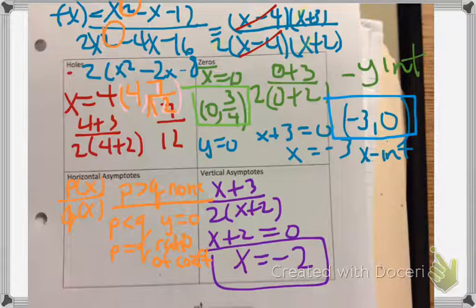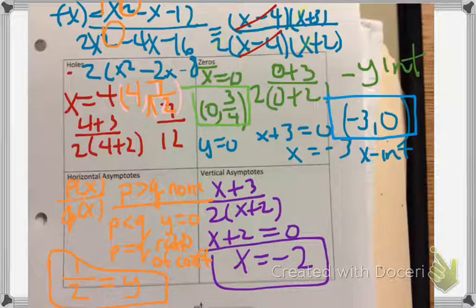What is the coefficient of x squared? 1. So we're going to have 1 over the coefficient of the 2x squared, which is 2. That's your horizontal asymptote, which will be read as y equals 1/2.